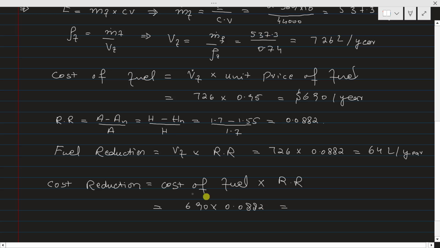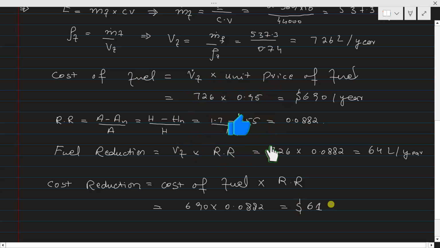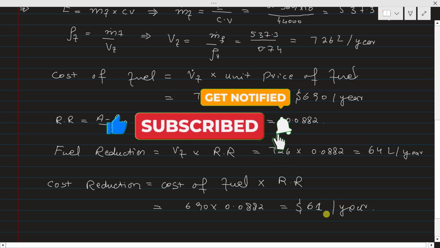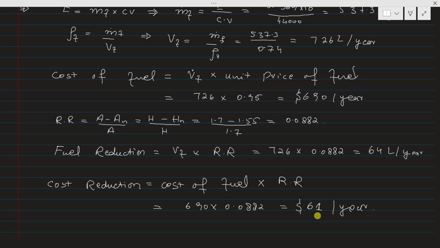Multiplying, you will get cost reduction, that is $61 per year. Saving in terms of money you will get if you reduce the height of the vehicle up to 1.55 meter.